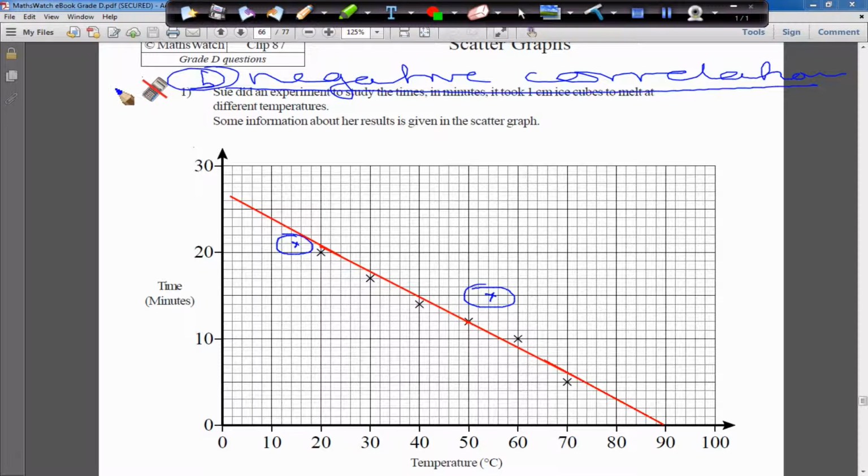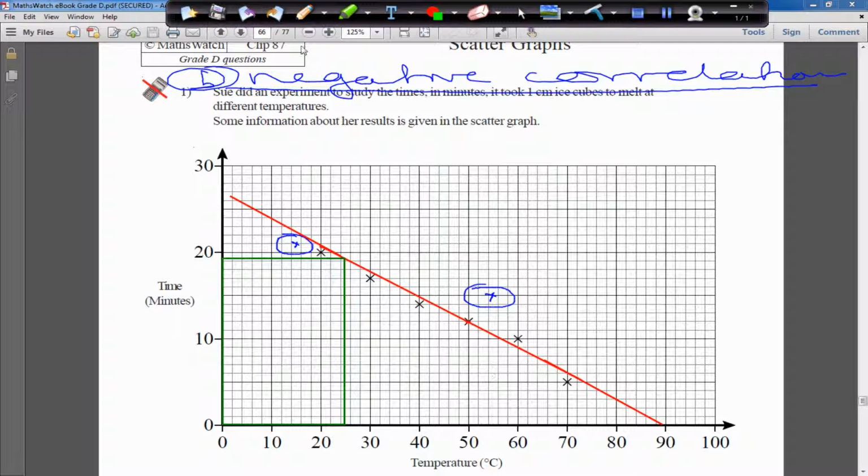Part C says, find an estimate for the time it takes a 1 centimeter ice cube to melt when its temperature is 25 degrees centigrade. So we need to go across to 25. We're going to use a rectangle. Where's 25, folks? Okay, mine is slightly out, bear with me, please.